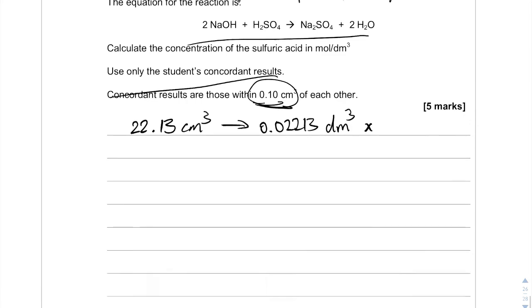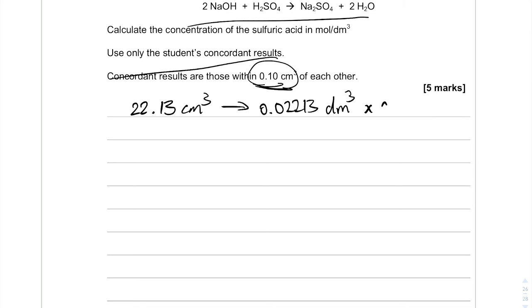This multiplied by conc of 0.105 moles per dm cubed, and so that would give me 0.02213 times 0.105 is 0.00232. That's in moles.